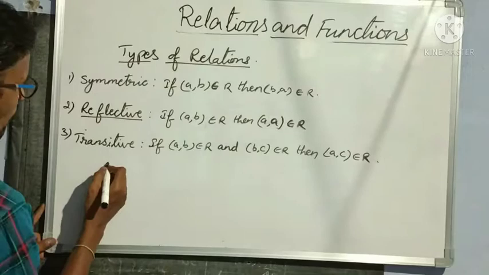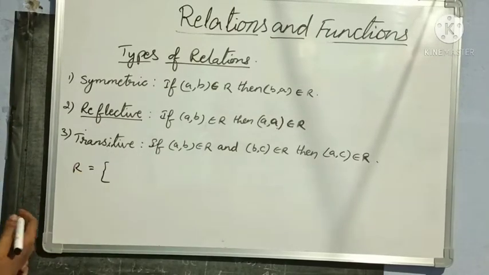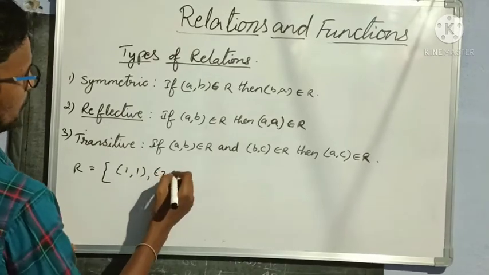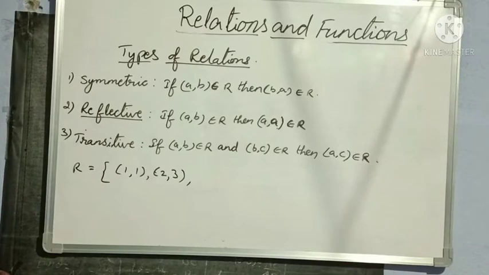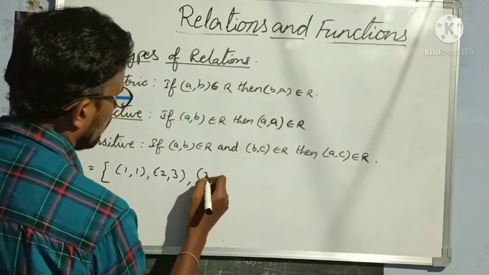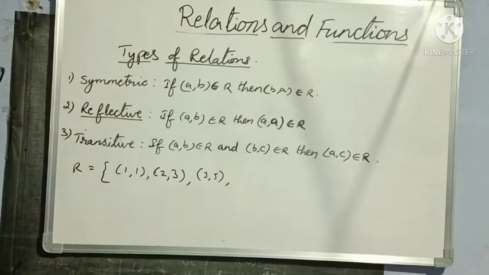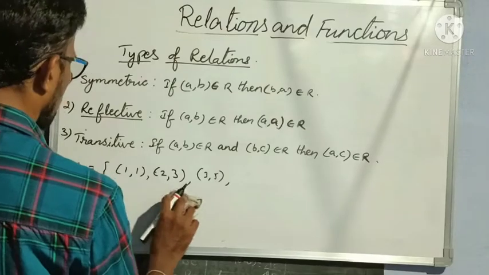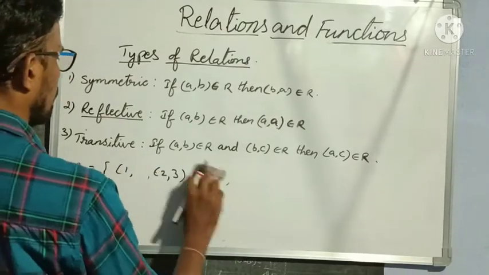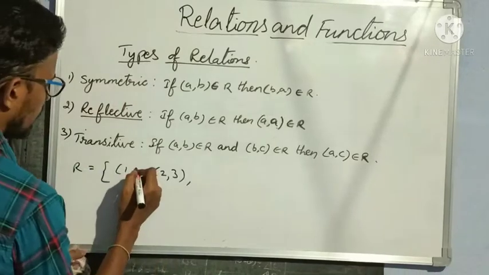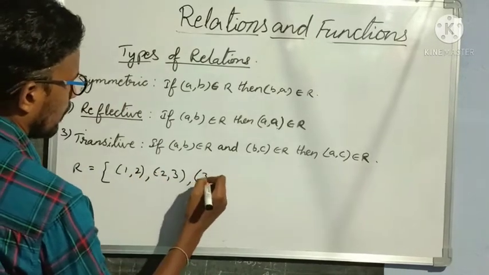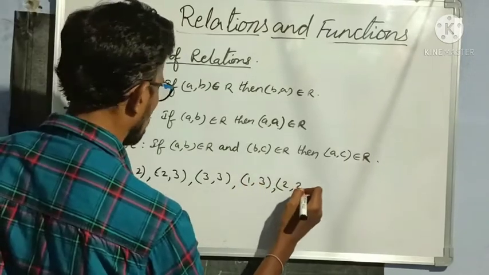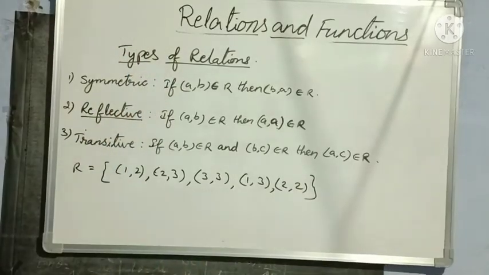So R is equal to (1, 1), (2, 3)... okay, now let us see.